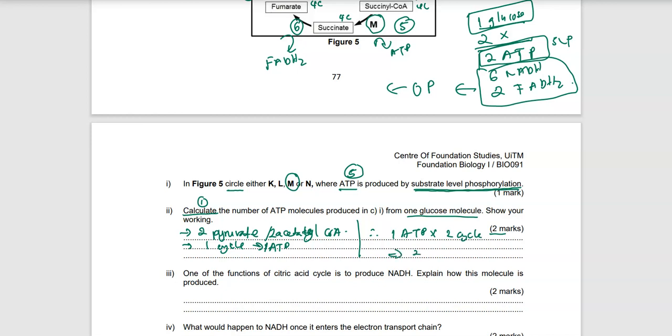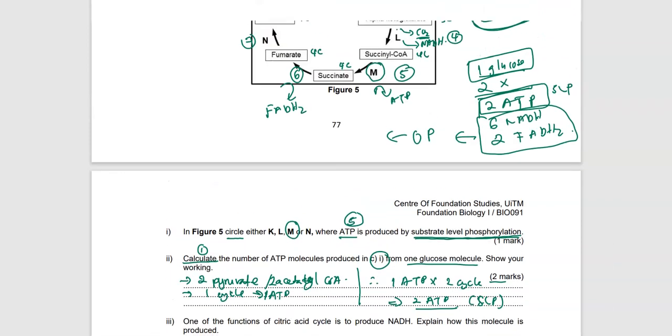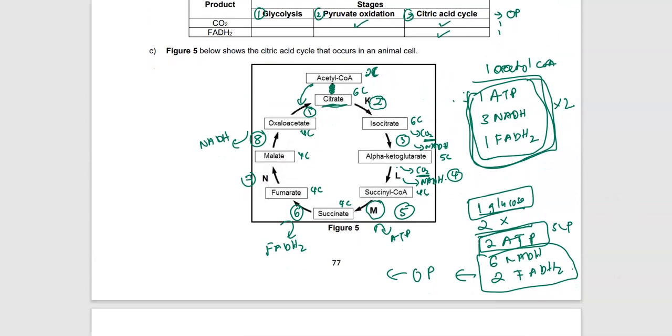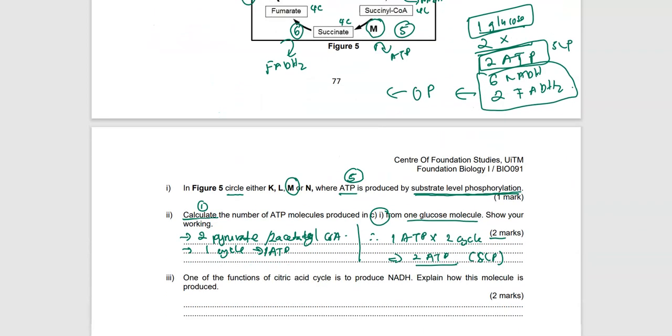So you get 2 molecules of ATP produced via substrate level phosphorylation that occurs during the citric acid cycle, which is C1 here. Okay, back to the main question, which is the citric acid cycle.